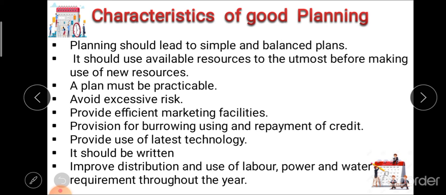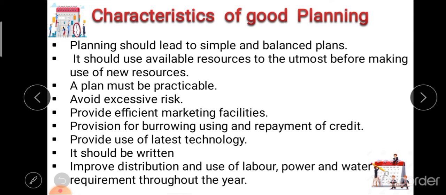Next characteristic: it improves the distribution and use of labor, power, and water requirements throughout the year. So your plan must include the distribution and use of labor, power, and water requirements throughout the year.